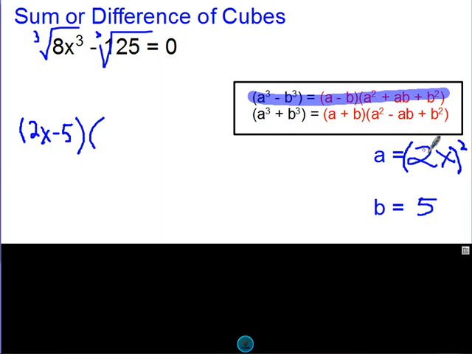Make sure you're doing a 4x squared. Plus a times b, so remember 2x times 5 is a 10x. And then b squared, you're squaring the 5, so plus 25.